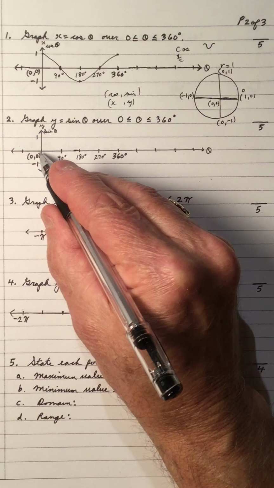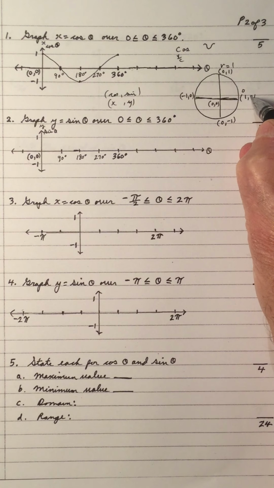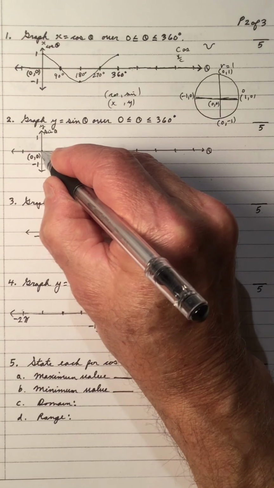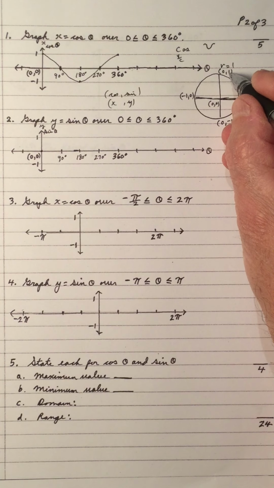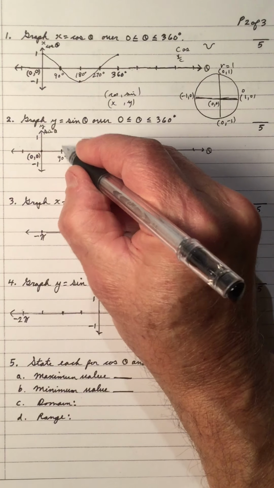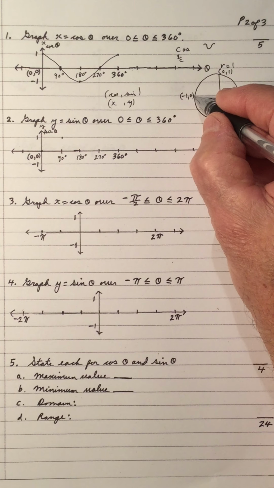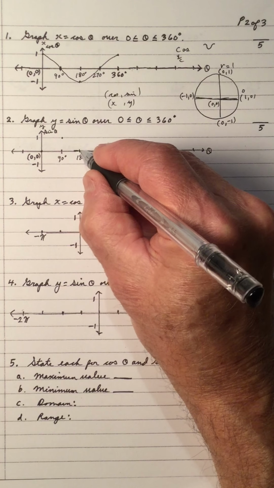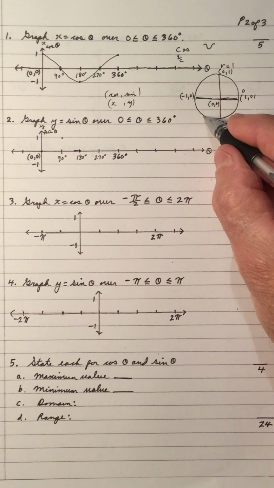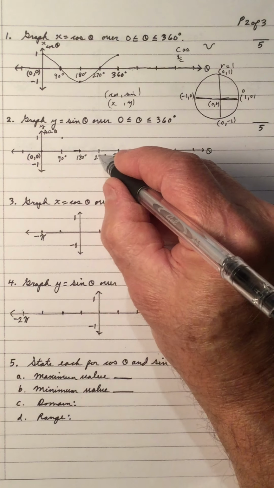So at 0 degrees rotation, the y is 0, which is right here. When we rotate to 90, the y is 1. So 90 gives us a 1. When we rotate to 180, sine is the y, which is 0. So 180 gives us a 0. Rotate to 270, sine is the y, which is negative 1.